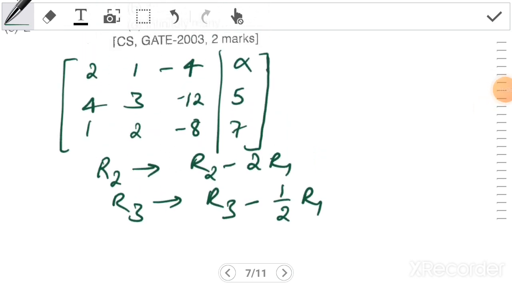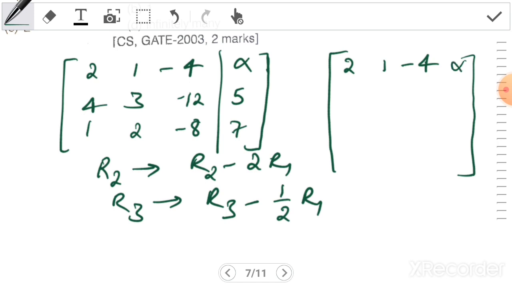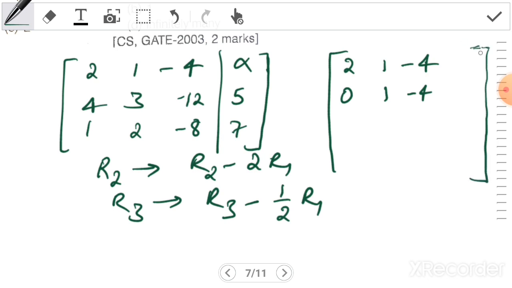New augmented matrix will be 2, 1, minus 4, alpha. Row 1 will remain unchanged. 0, 1, minus 4, 5 minus 2 alpha. 0, 3 by 2, minus 6 and 7 minus alpha by 2.